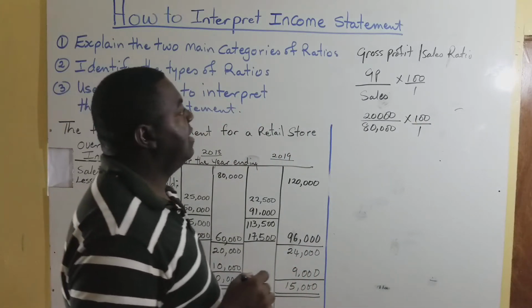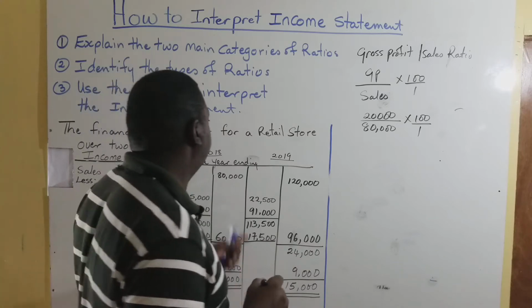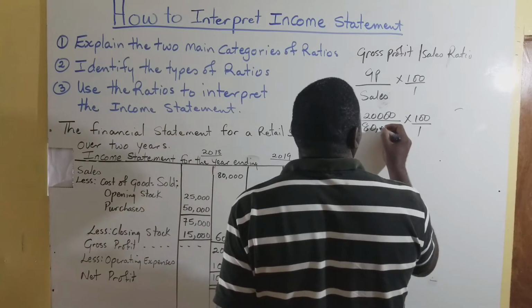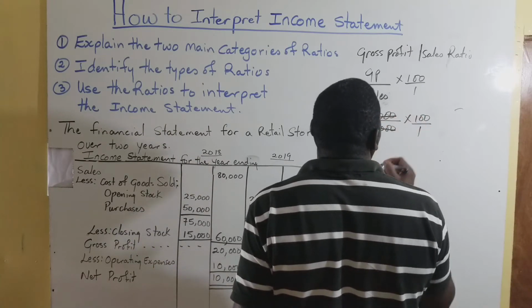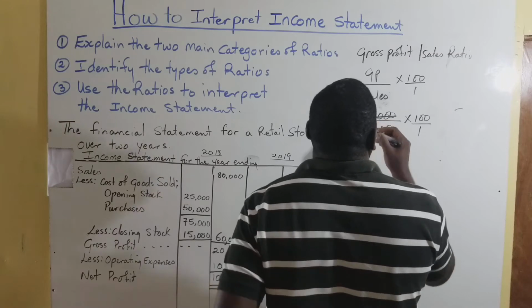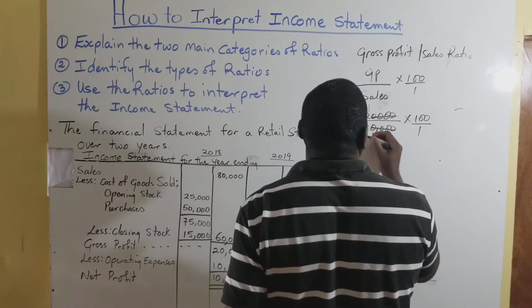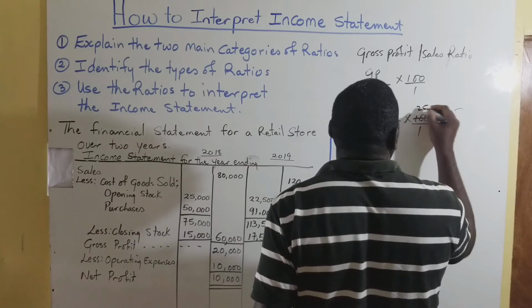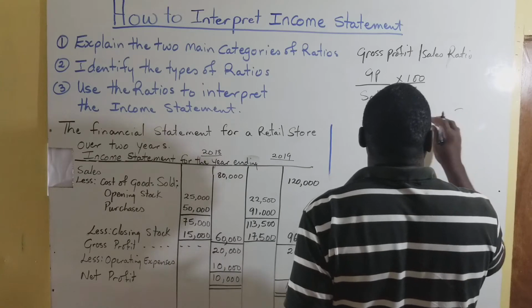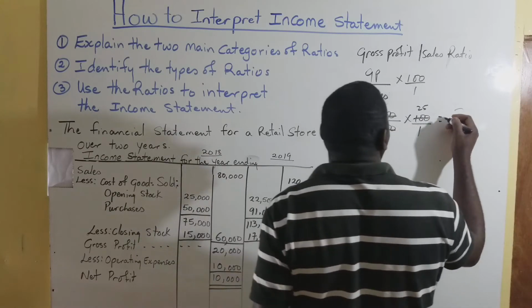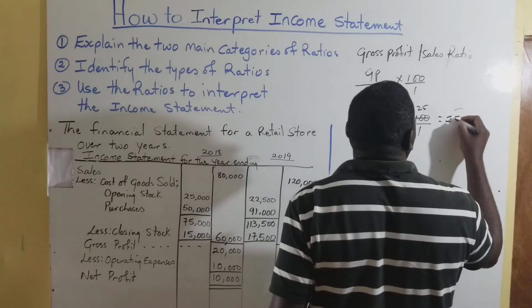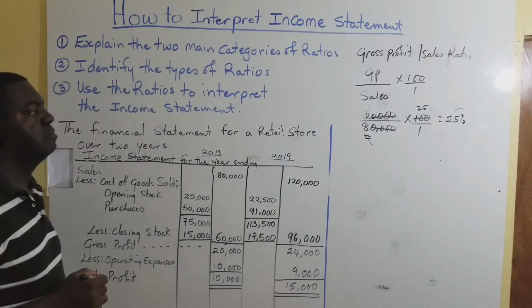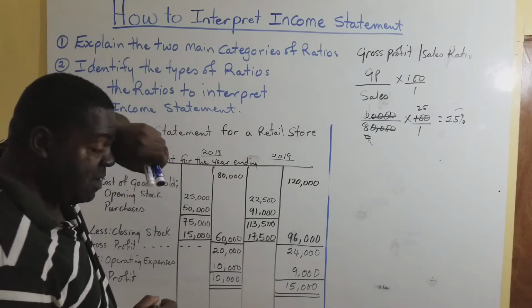So what is the gross profit to sales ratio for 2018? We can work it out mathematically: 4 into this goes 25, so it is going to be 25%.